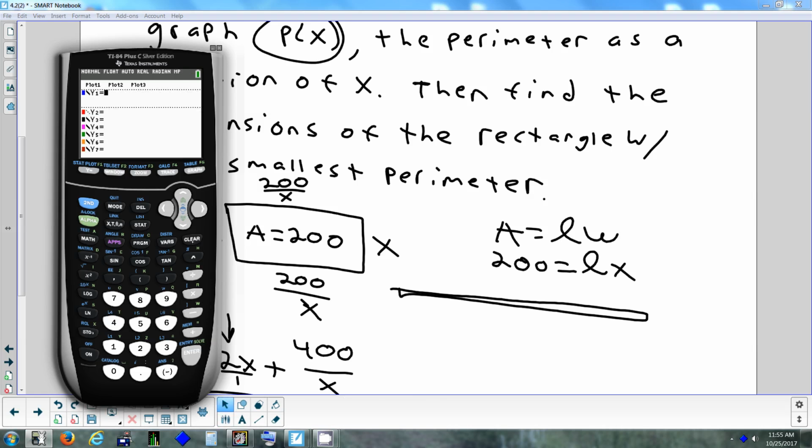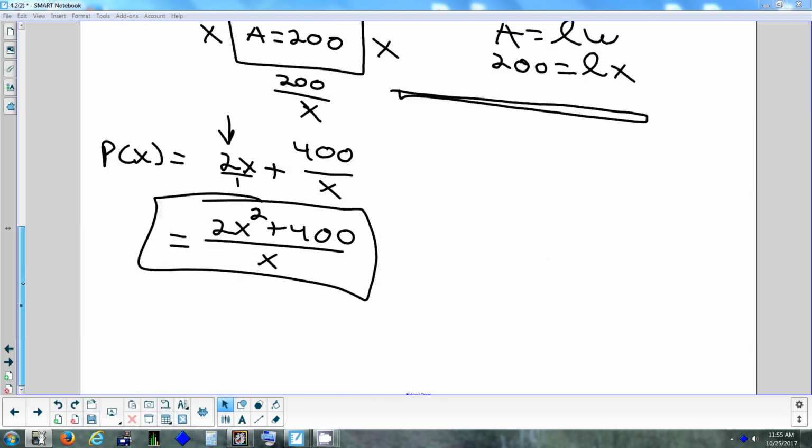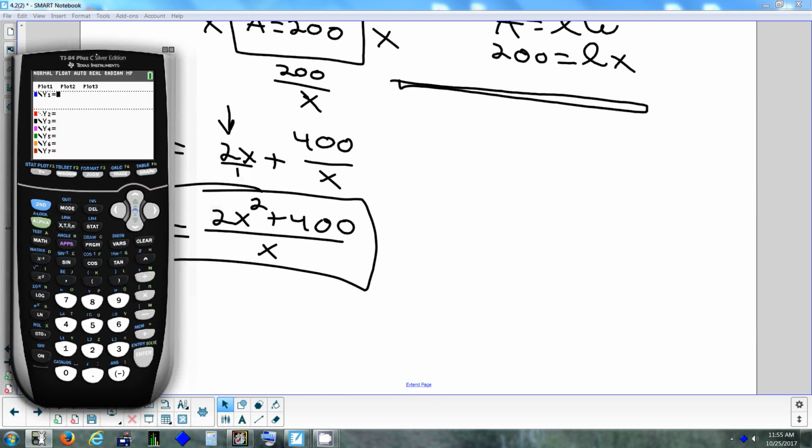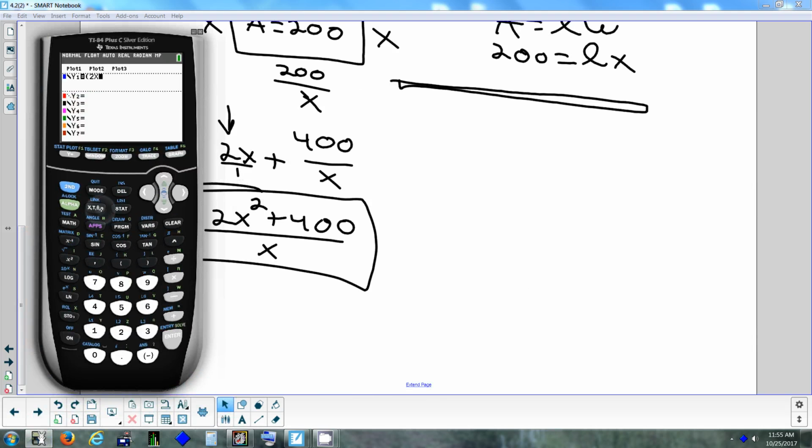Okay, let's graph it and see what we got. All right, so we've got 2x squared plus 400 divided by x. Now remember, we're looking for something with a smallest perimeter. So hopefully, when I draw this, we're going to have a minimum somewhere.